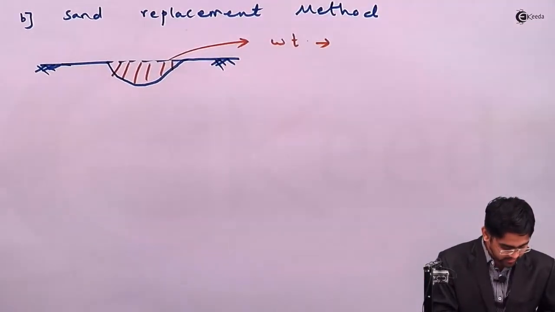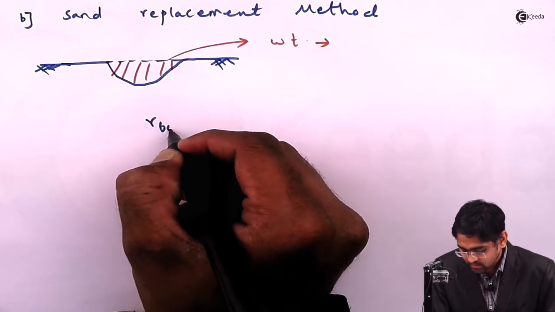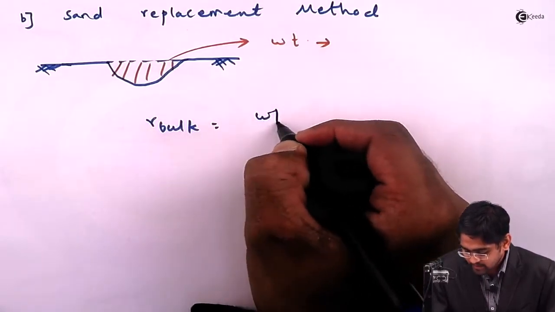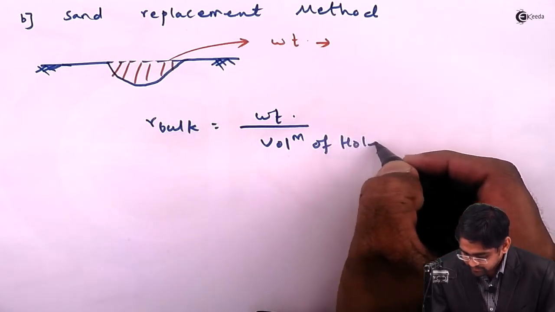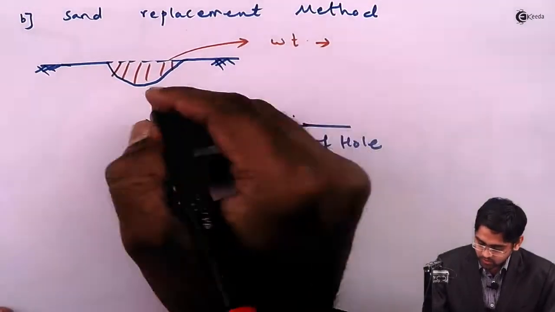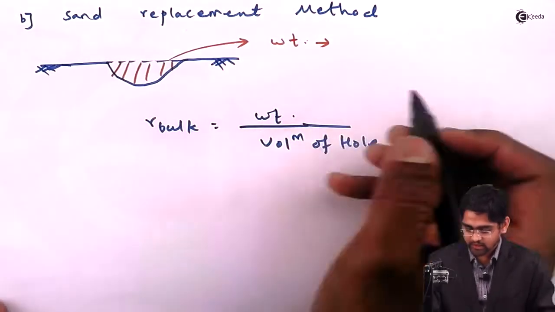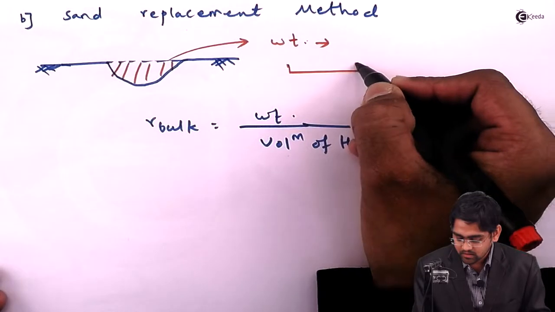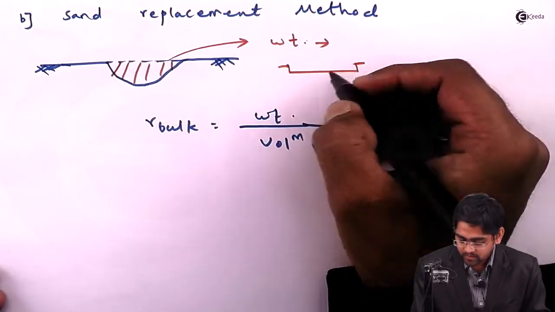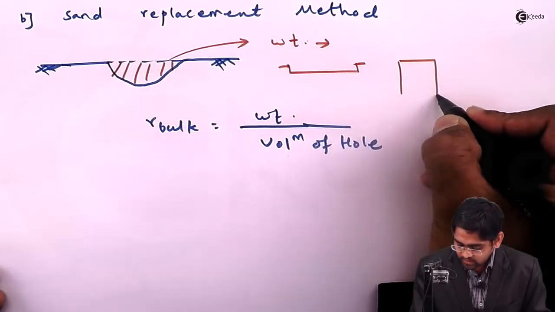So in order to determine bulk density, it is nothing but weight by volume of the hole, right? So you will take this soil in the container. The container looks like this from plan.